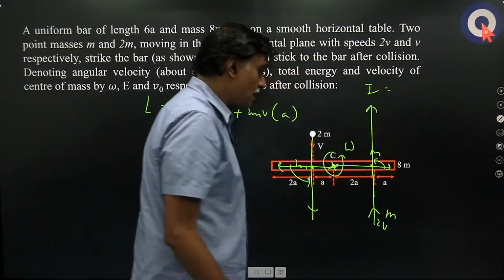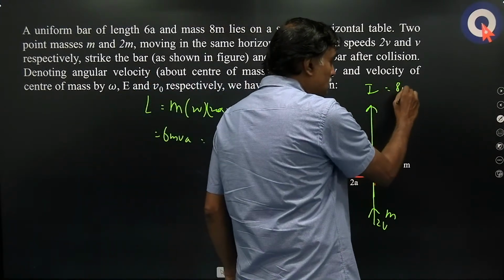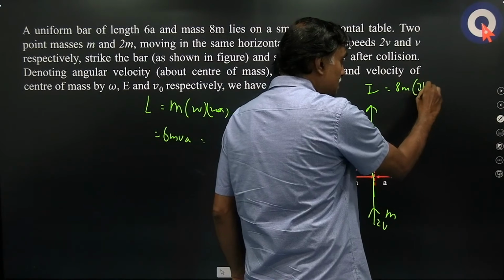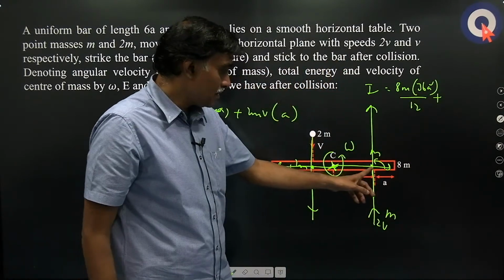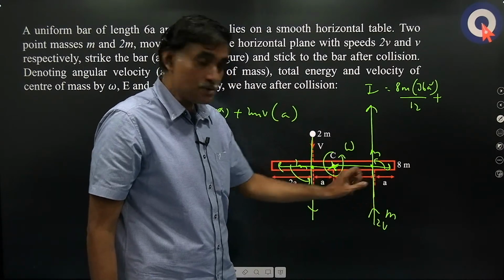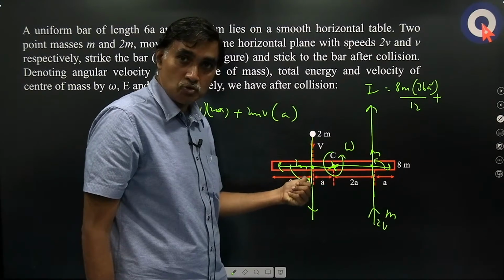What is I for the system? For the rod, the mass is 8m and length 6a, so I get 8m into (6a) whole square, that is 36a square by 12, plus for this particle m into (2a) whole square, that is 4ma square, and for this particle 2m into a square, that is 2ma square.